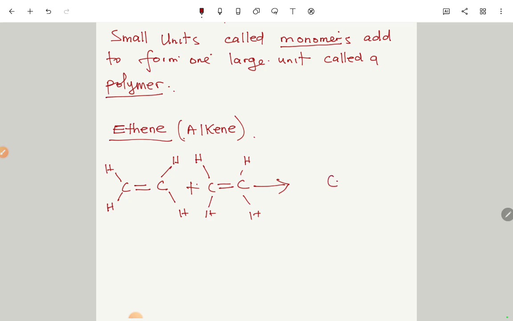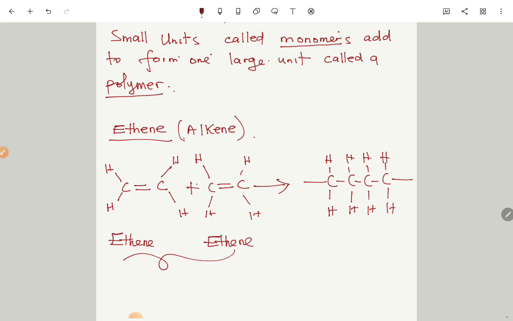So we're going to have something like this. Okay, so what we have here is ethene being added to ethene.